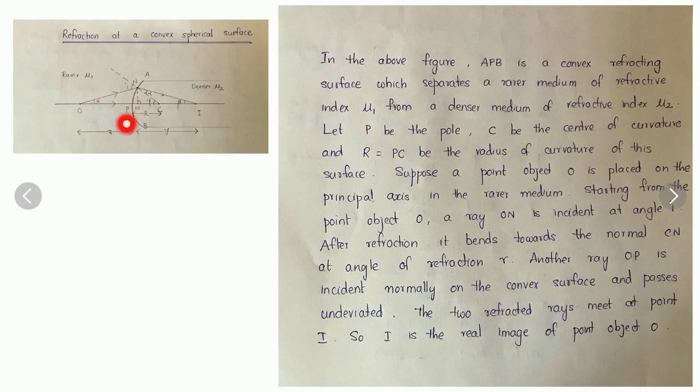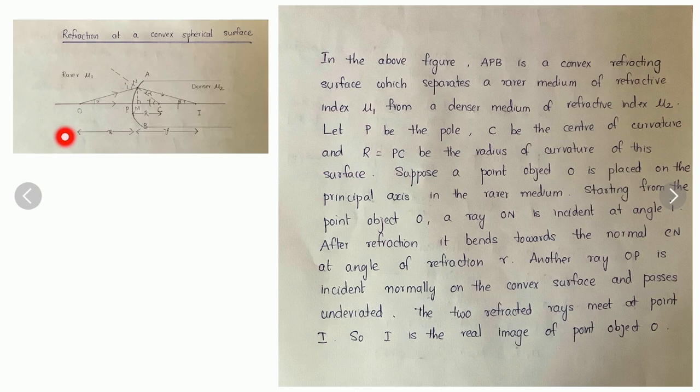Let P be the pole, and C be the center of curvature, and R is equal to PC, that is the radius of curvature of this surface. Suppose a point object is placed at O.